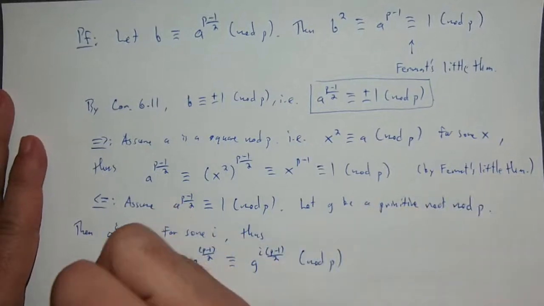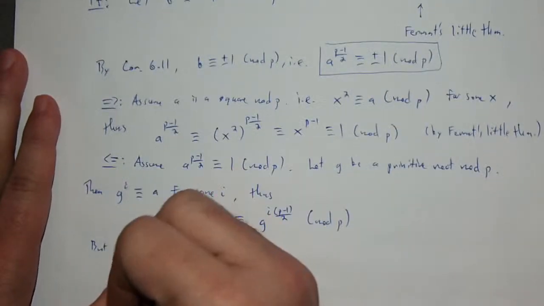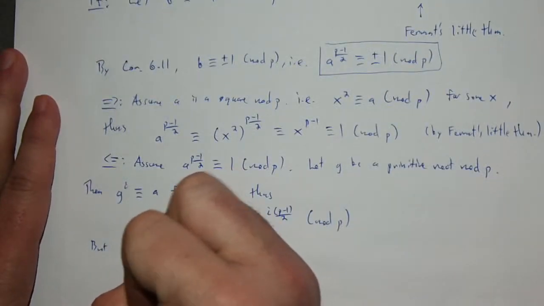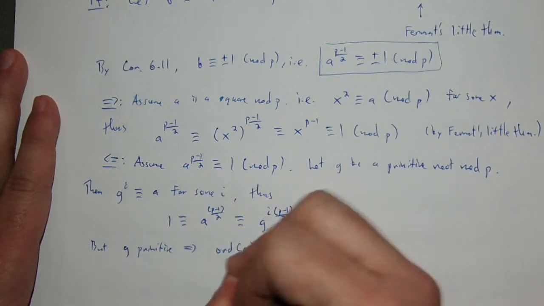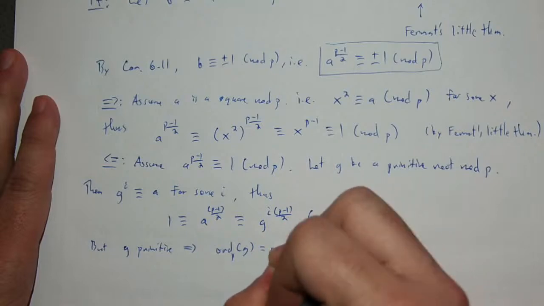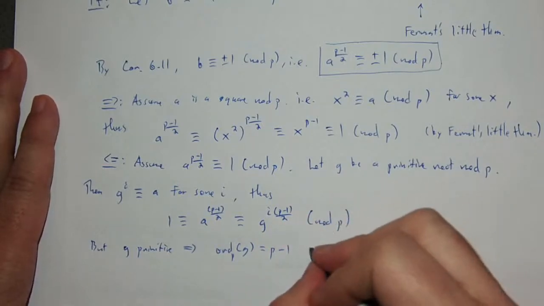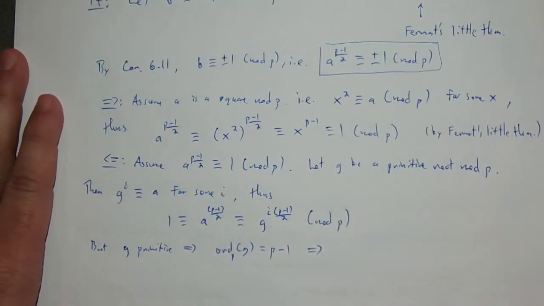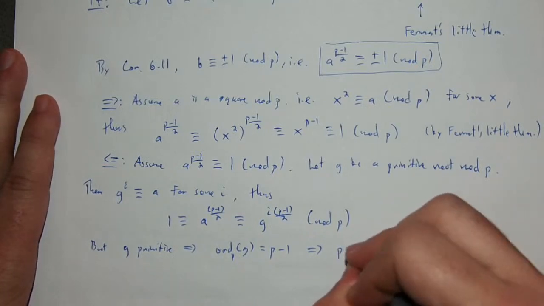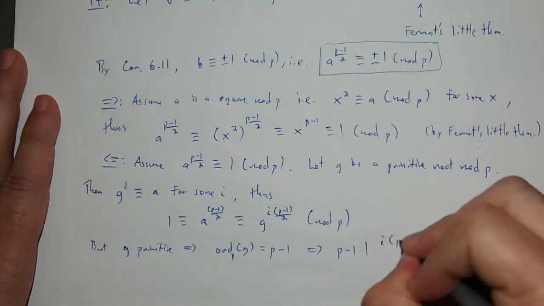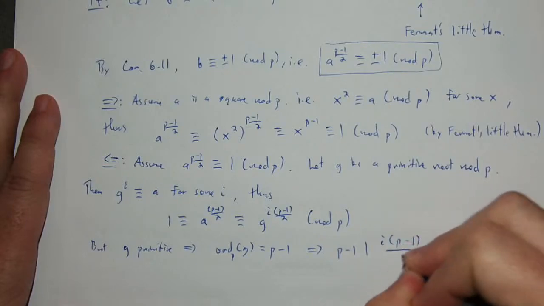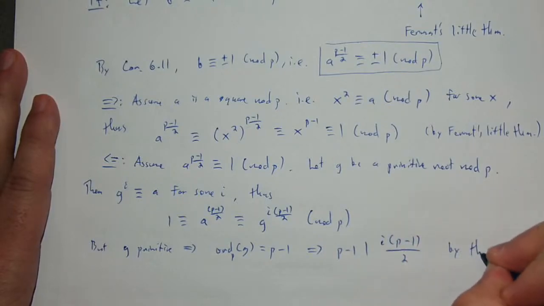But g being primitive implies that the order of g mod p is p minus 1. By the order theorem, what does this mean? So p minus 1 divides i times p minus 1 over 2.